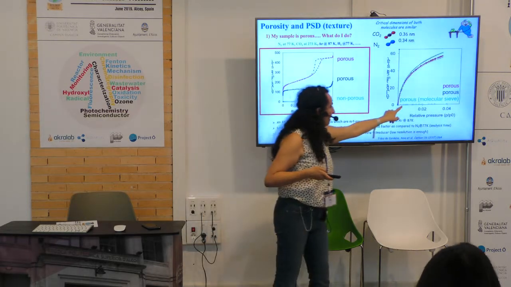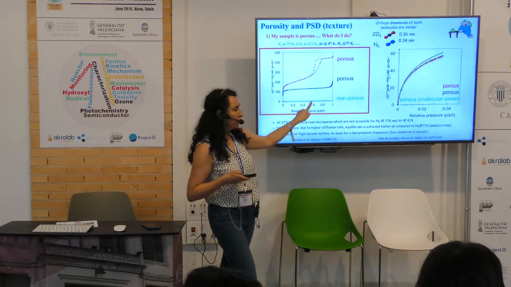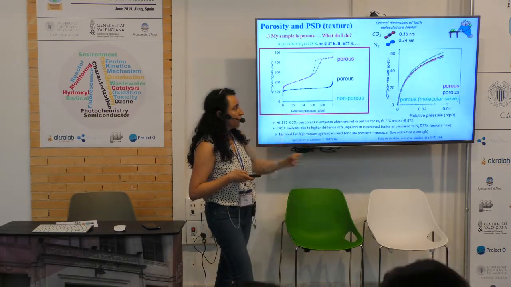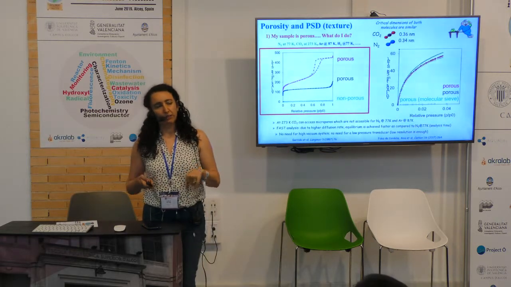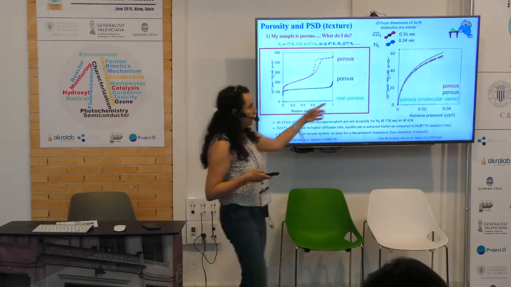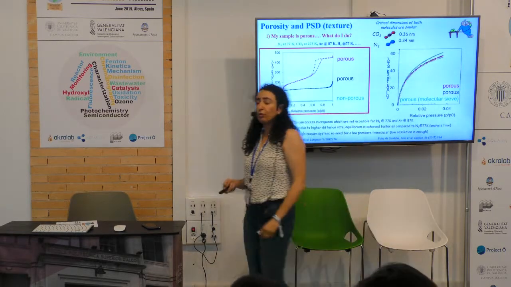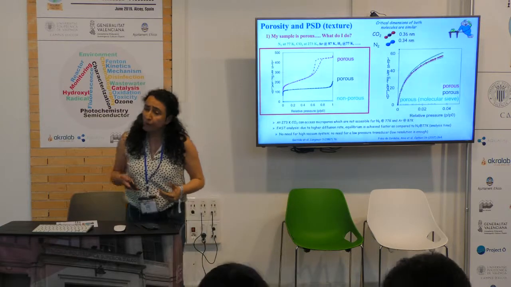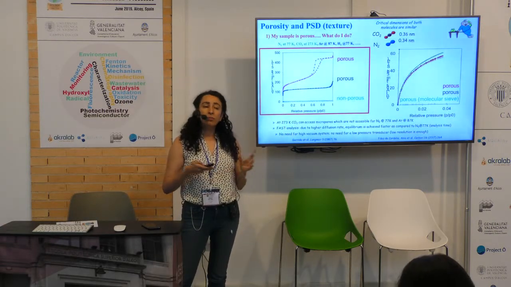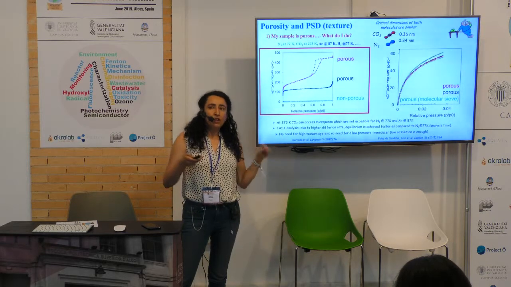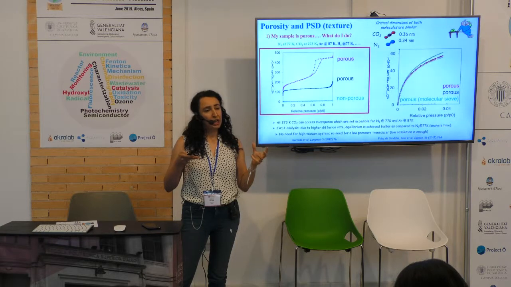This is the nitrogen adsorption isotherm of the blue one, which I've superimposed, but then I've reduced the range. If you use CO2 at 273 Kelvin, you will see, in fact, that all your materials have porosity. And what you have just discovered is that all of them are porous. But this one is a molecular sieve, because as I mentioned at the beginning, you have to be able to measure the voids.